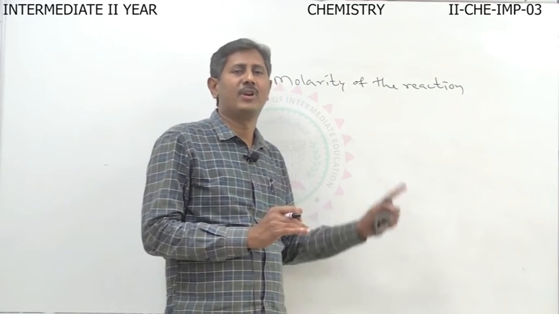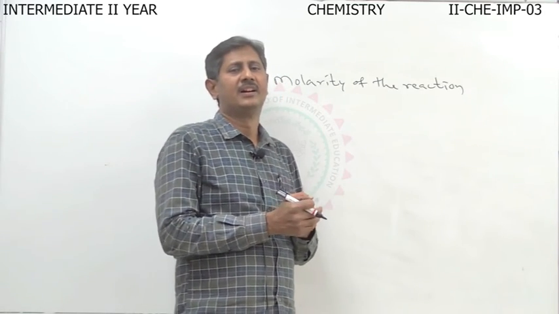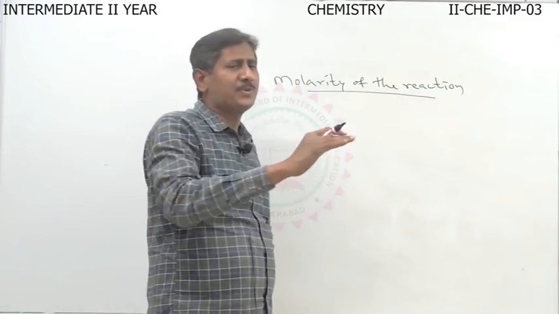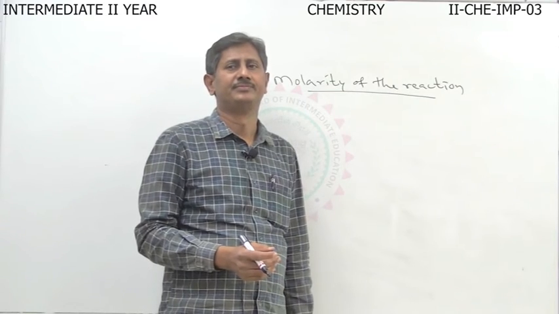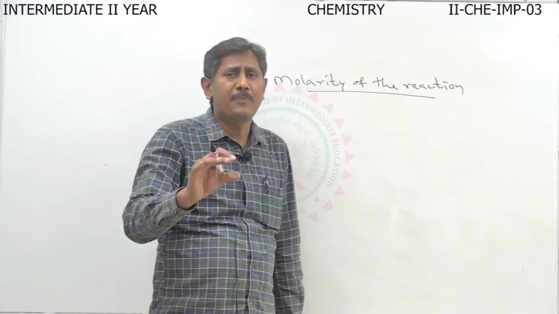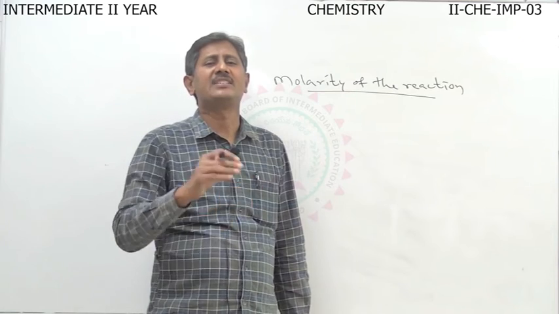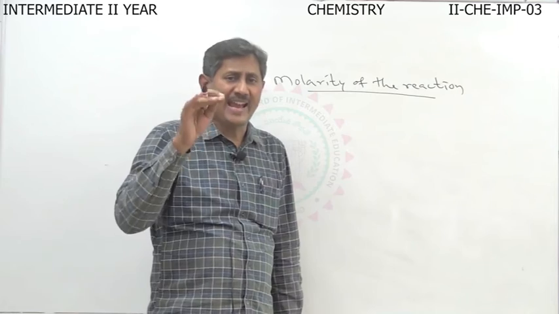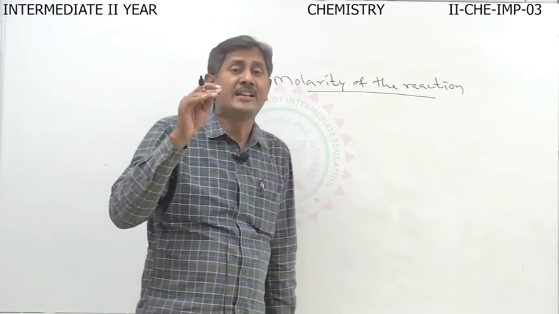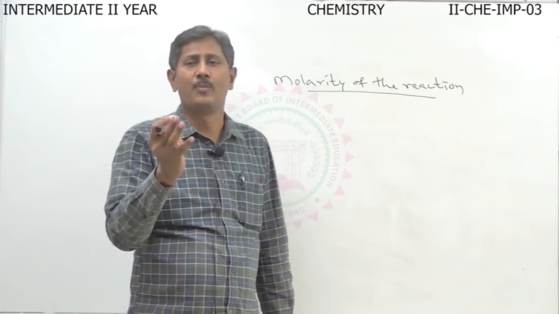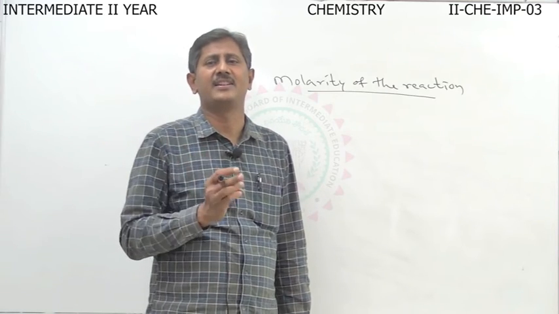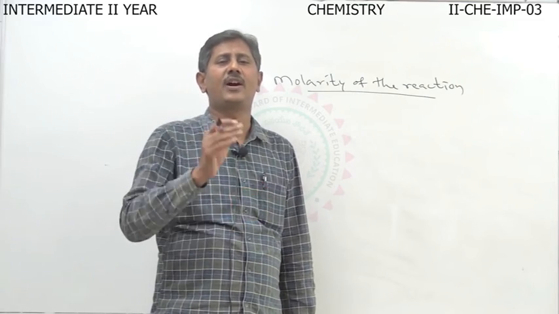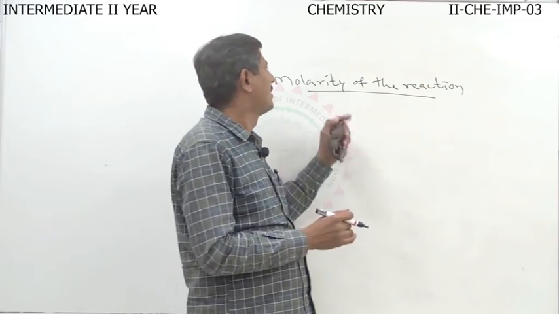Now, if a reaction proceeds in more than one step, then the step which proceeds slowly is called the rate determining step. So the number of reacting species, that is either molecules or atoms or ions, present in the elementary step or rate determining step of a reaction is called the molecularity of the reaction.